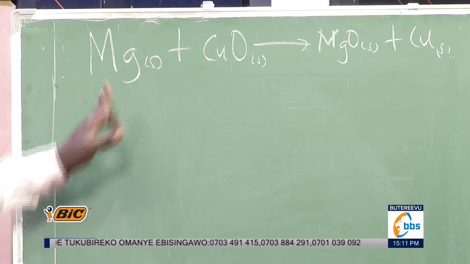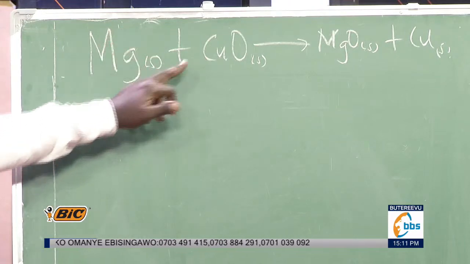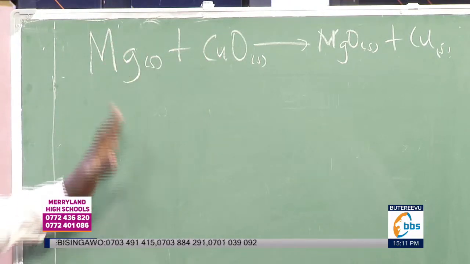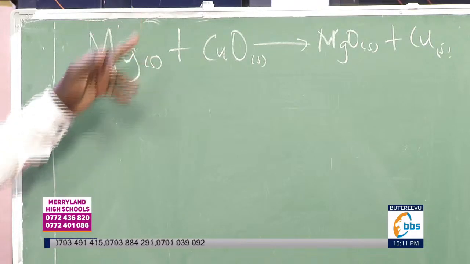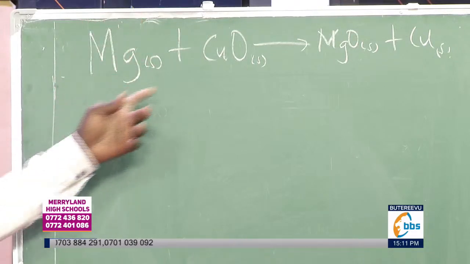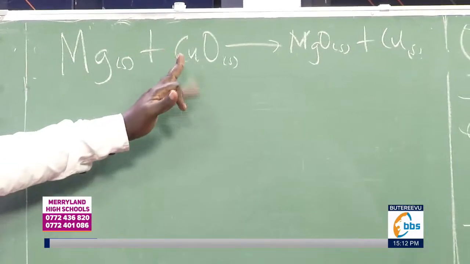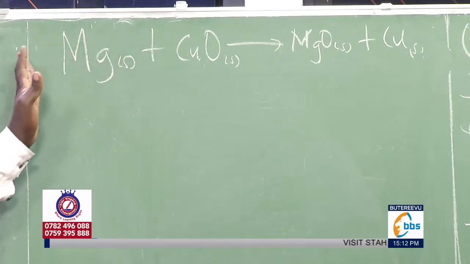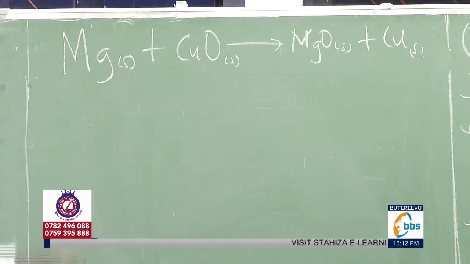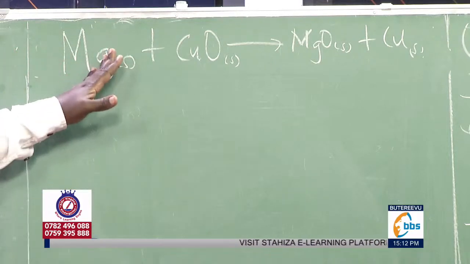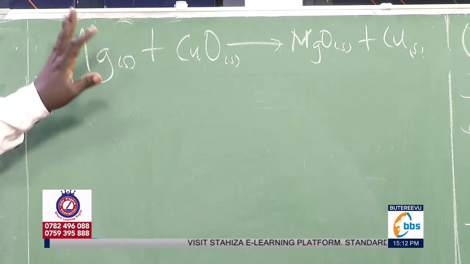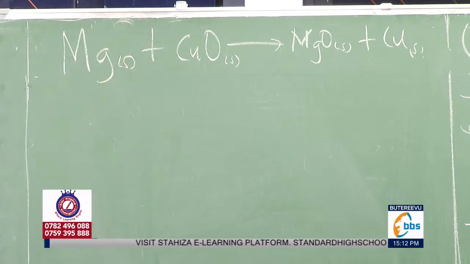But before we look at it, you can clearly look at the position of copper and magnesium. Magnesium is above copper. It displaces it from its oxide. The reverse cannot occur. You cannot have copper combining with magnesium oxide, because copper is below magnesium. But this is possible because magnesium is more reactive than copper.